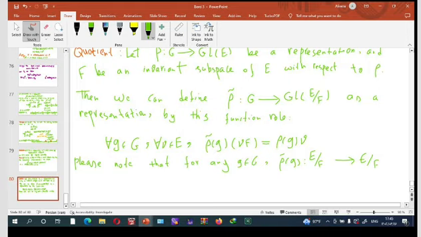So we must define rho tilde of g for any element of this quotient space, and we know that this quotient space equals the set of all left cosets such as vF, such that v belongs to E.